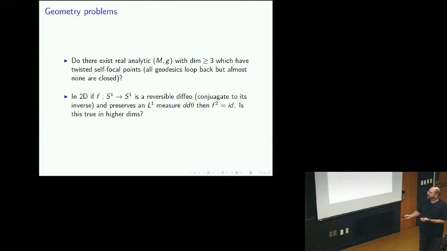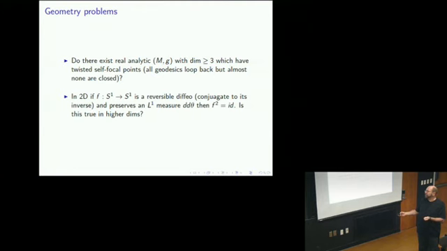Another one is that in order to prove that you don't just have loops, but you actually have smoothly closed geodesics, in 2 dimensions we use the fact that the first return map on the unit tangent sphere at that point is a reversible diffeomorphism. It's conjugate to its inverse. And we prove that it preserves an L1 measure on the unit sphere bundle.